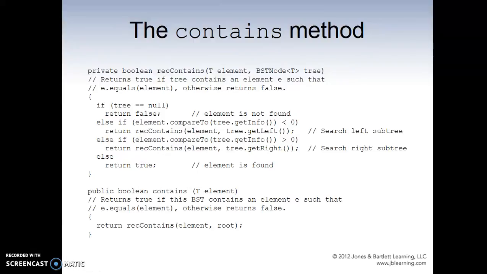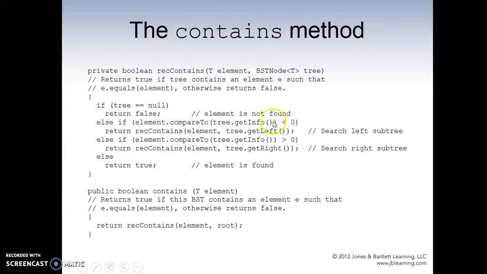Else, we have to compare the element, or the key, to the actual node, which is get info, which gets the element value. After we compare, we pass in the root, the parent.